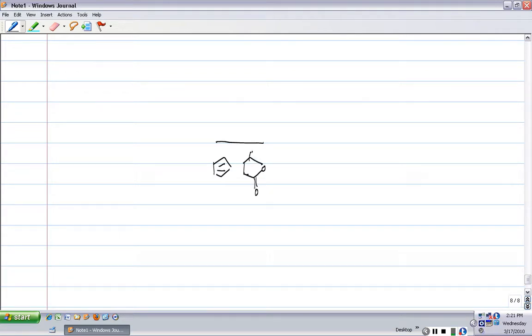That's the energy level for my diene and my dienophile. We are saying that the pathway to the endo is relatively facile, but the pathway to the exo is more difficult. Okay, it's the pathway to the exo compound.